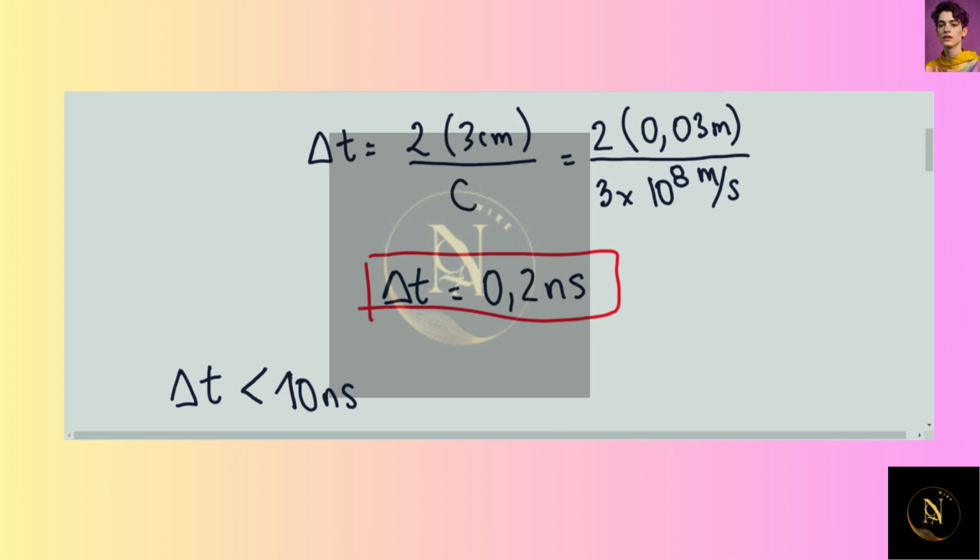So the correct answer for this problem is D. That is that the photons will be counted as having arrived at the same time, or simultaneously, with a time difference of 0.2 nanoseconds. So that's D. So this is it for this problem.